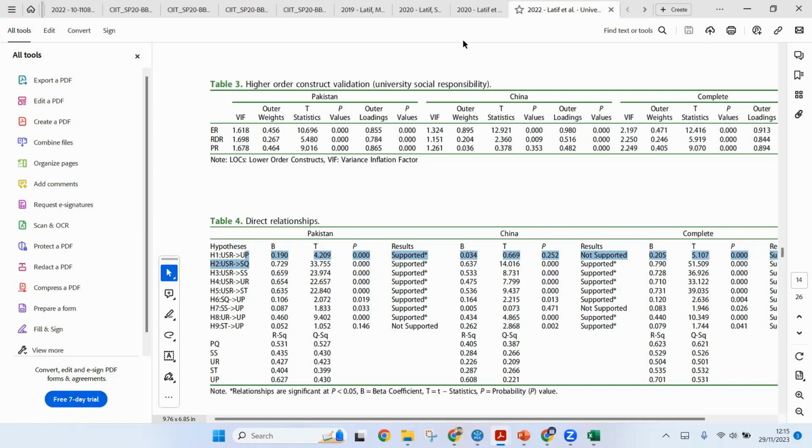It will have higher order reflective and formative constructs, some lower order constructs as well, and a moderator. So tomorrow it's going to be a quick complete recap with a more complex model, and we will put all those results in a Word document so that you know how to structure it as well. Plus, we'll do multi-group analysis.